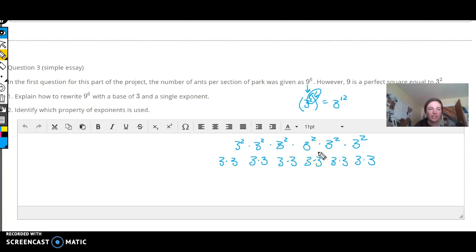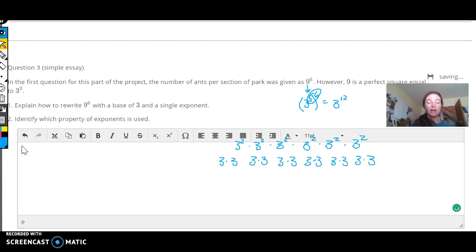Okay? So, the first question there asks us to explain how to rewrite 9 to the 6th with a base of 3 as a single exponent. So that will be, let's just show it. We'll do 3 squared to the 6th power equals 3 to the 12th power, okay?